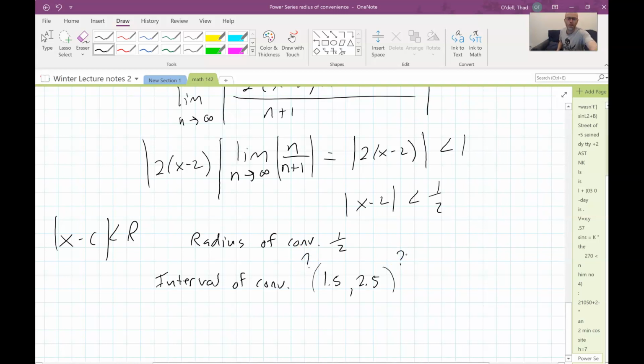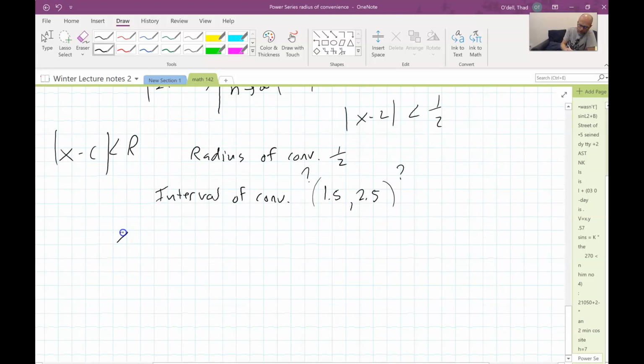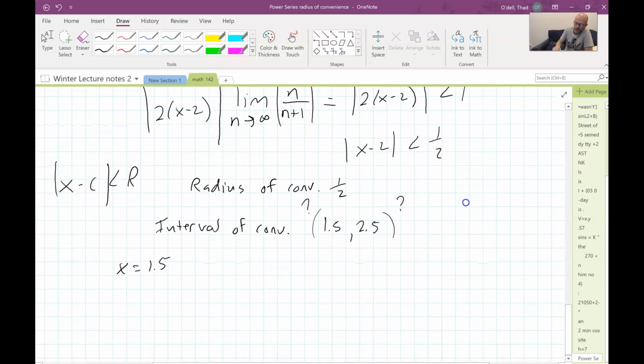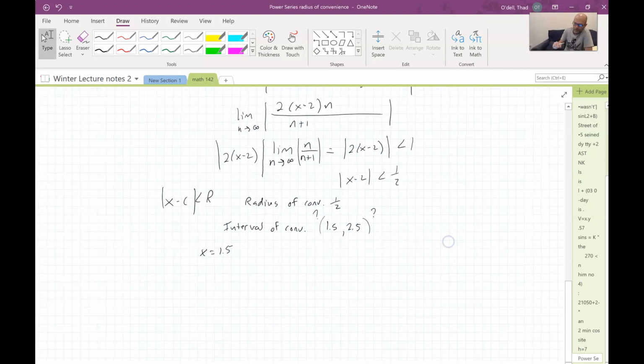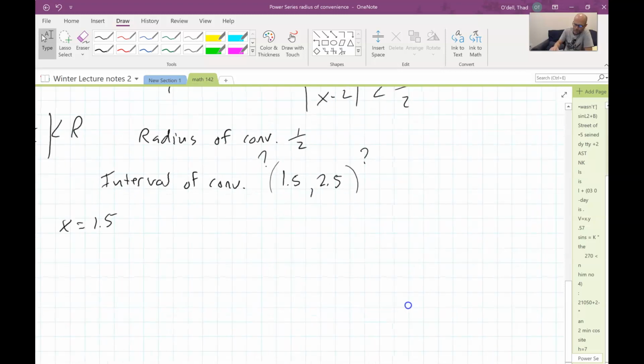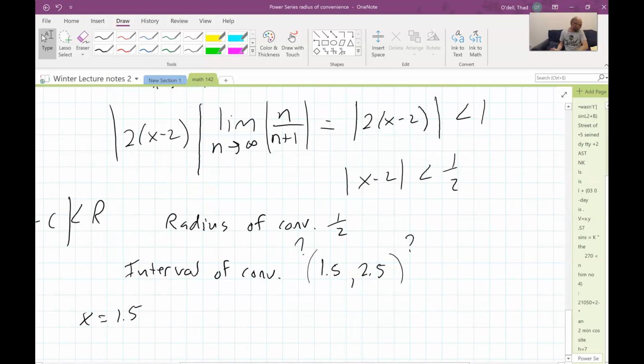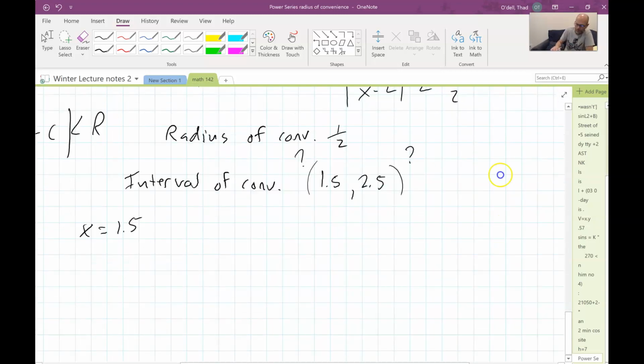So then we're going to go test the endpoints of our interval. So again, let's let x equal 1.5 for a moment. And so then I'm going to rewrite my series.